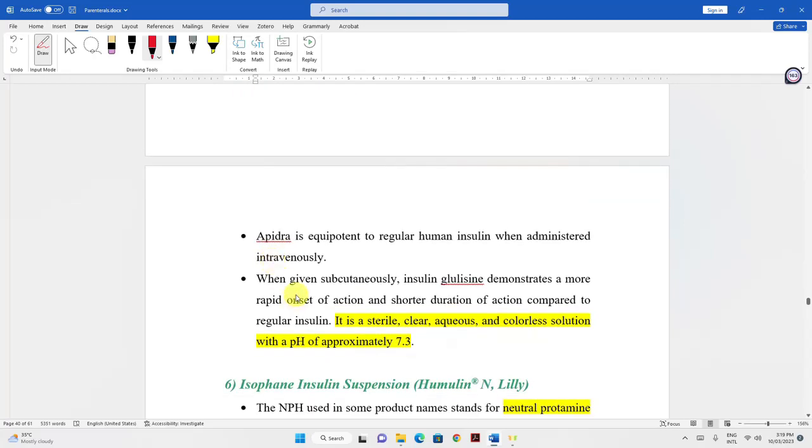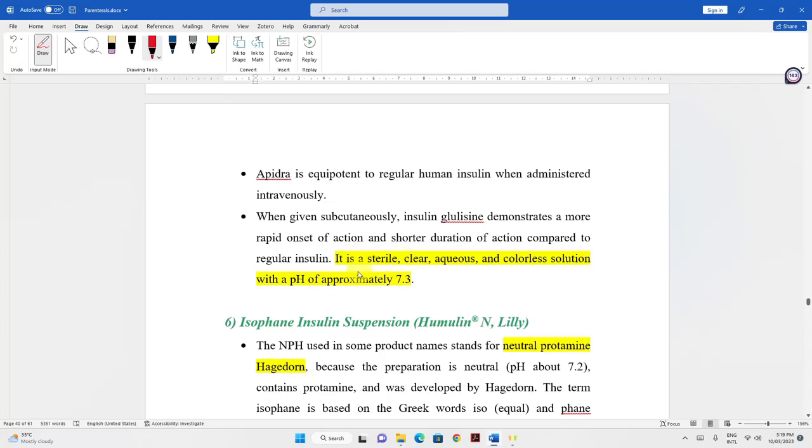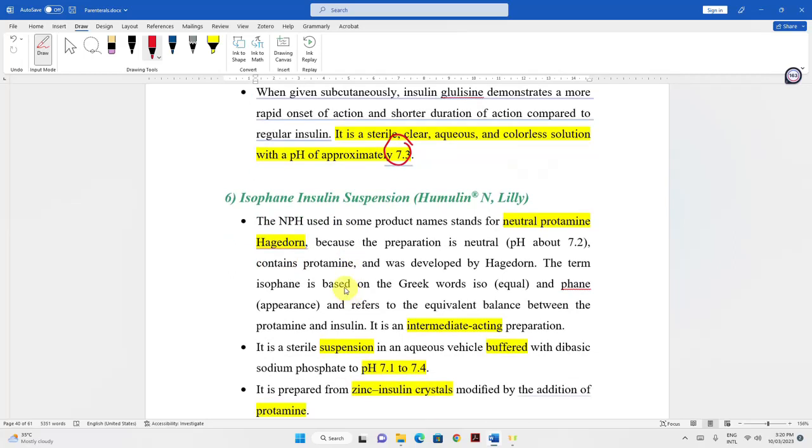As for the pH, as I said, it's above 7, it's 7.3. Almost all of them, except one you will see later, have a pH always from 7.1 to 7.4. So for this one it's 7.3.